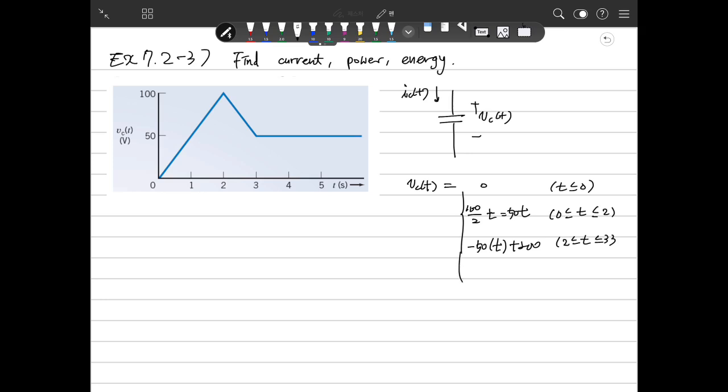And last, when t is larger than 3, then there will be a constant, it's 50. Oh, excuse me, this is not 4, this is 3, because of this point here.